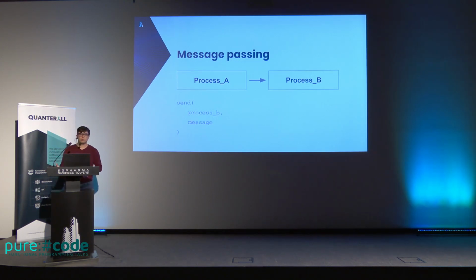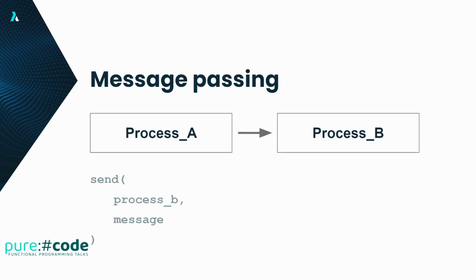In order for one process to send some piece of information to another process, it must send a message that contains that data. One way to do that is via the send function, which takes a process ID and a message, where the process ID is the target, the recipient of the message, and the message itself is the data that we want to send, any arbitrary term that we can construct in Elixir.